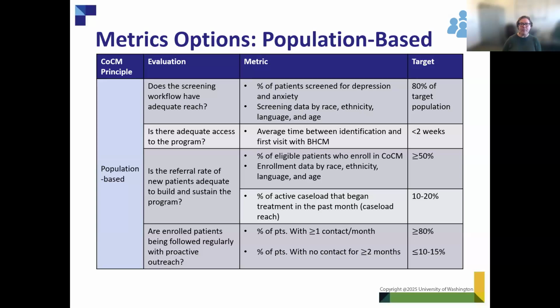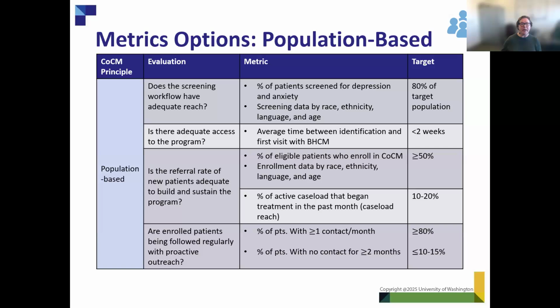Sometimes these targets are based on published evidence, and sometimes they're based on our 20 plus years of collaborative care experience, helping diverse healthcare organizations all around the country implement collaborative care, and doing also our own studies on collaborative care and what we've seen as something that seems like a reasonable target.